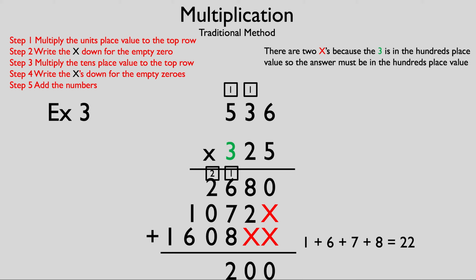Put the 2 below, carry the 2. 2 plus 2 plus 0 plus 0, which is 4. Nothing to carry. 1 plus 6 is 7. And then now we don't have to add anything, and we just bring down the 1, and my final answer is 174,200.